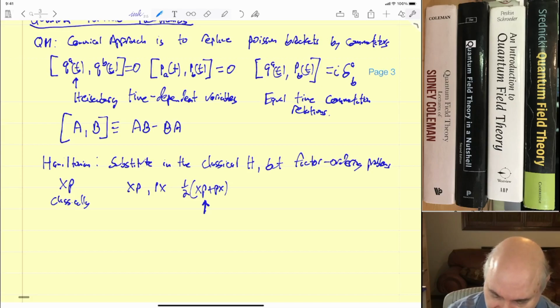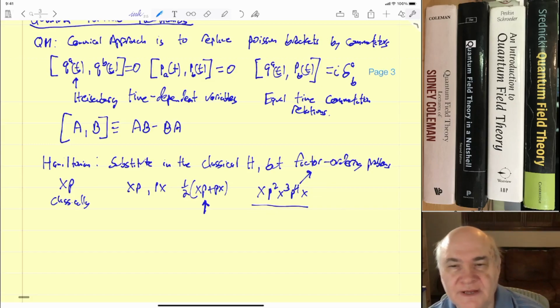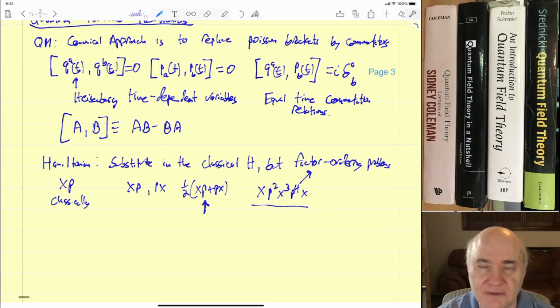But sometimes when you have things like x, p squared, x cubed, p to the fourth, x, whatever, if you have some crazy thing, you're going to get these factor ordering problems. And there's no way canonically to decide what's the right expression. Something you have to basically determine by experiment.